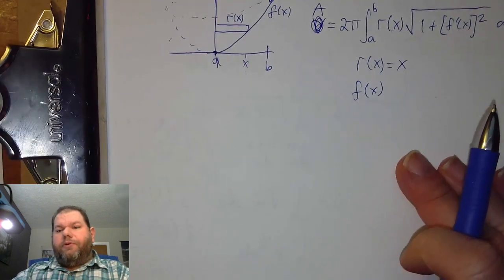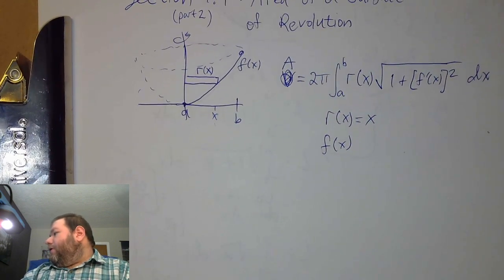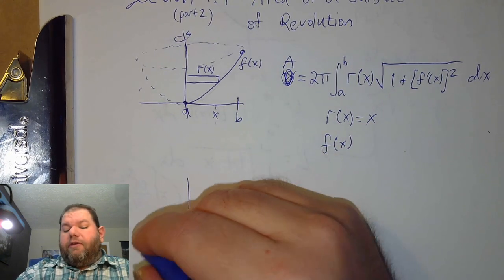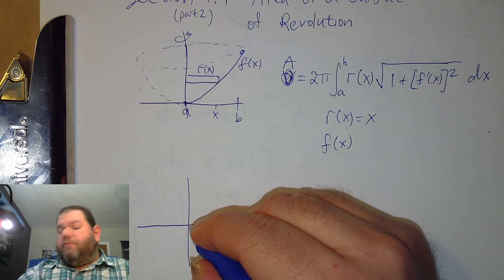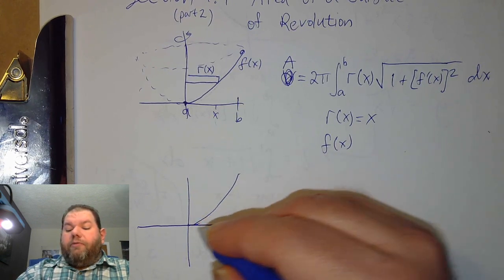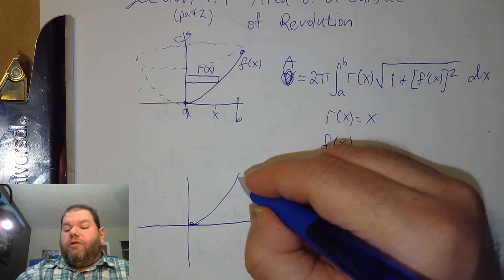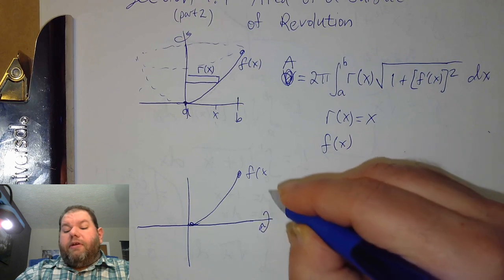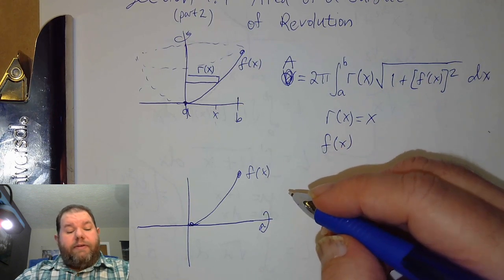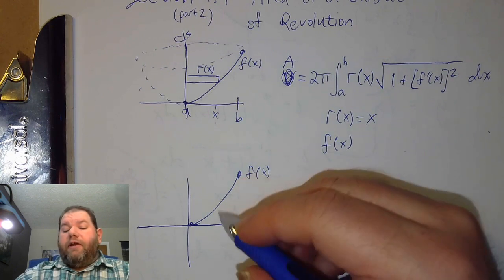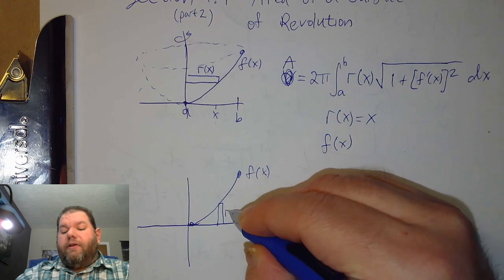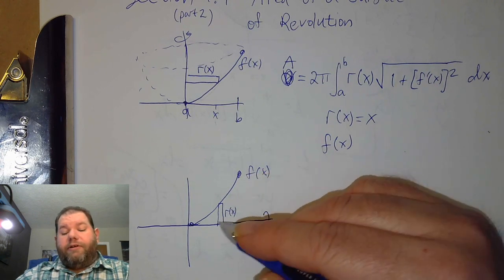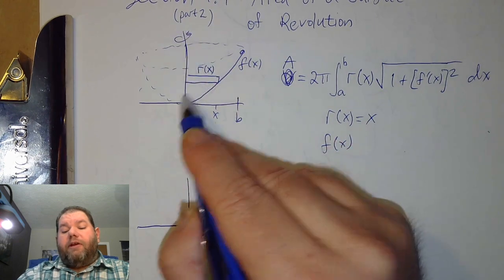Now, actually, before we dive into that, the alternative is if we take this figure, and again we have a function, f of x. What if we go around the x-axis instead of the y-axis? Well, in this case, the radius, r of x, is now the vertical component, because this is how far we are from the axis vertically, rather than the axis being here.